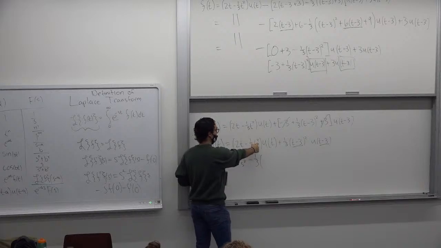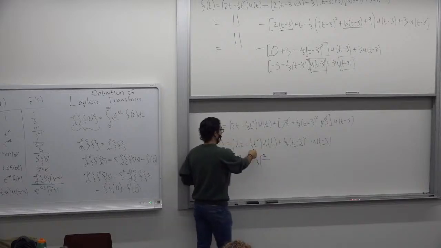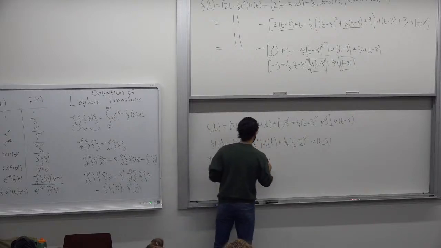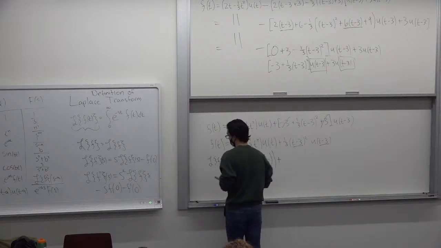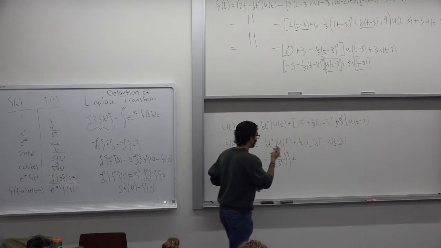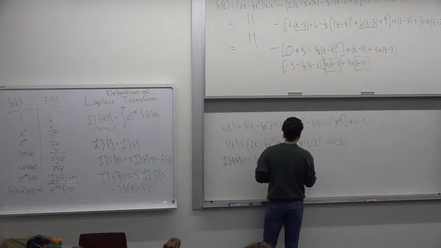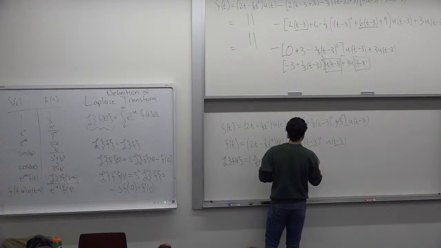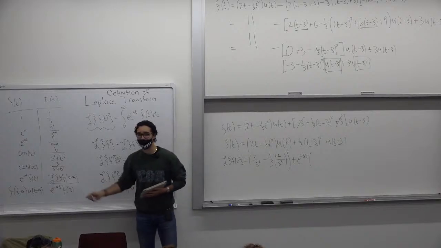2 factorial is 2 over s to the n plus 1, s cubed, and then plus e to the negative as, our a is 3, so that's e to the negative 3s times the Laplace of just our f(t).